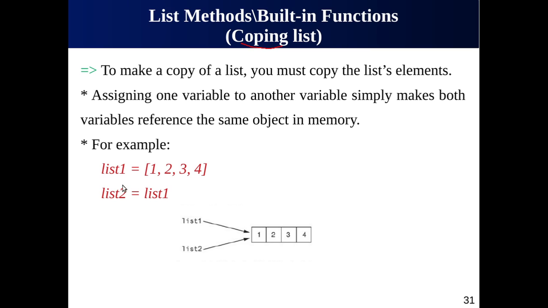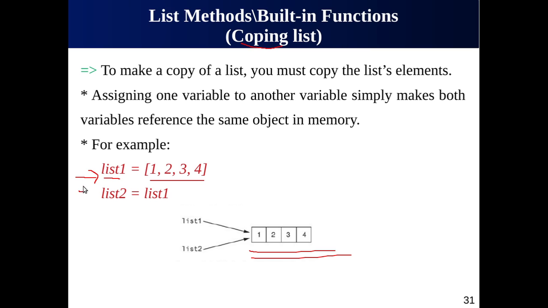Actually, when you make a copy with the help of this equal sign, both the objects, in this case both the lists, will refer to the same memory locations. So, for example, you have a list named list1. It has 4 elements: 1, 2, 3, 4.